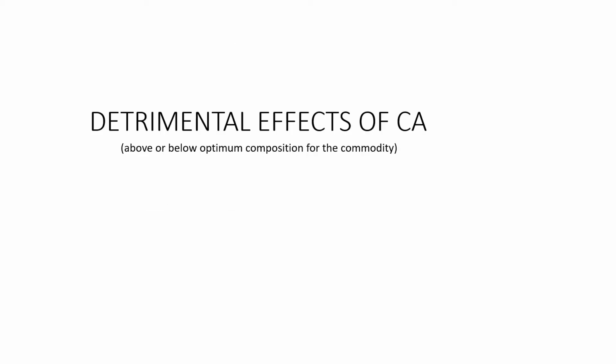So talking about the detrimental effects of CA. Definitely if this is a good method, it must be having certain drawbacks, so that scientists get a chance to improve on certain methods that we have here. Moving on with the detrimental effects of CA, and also its above or below optimal composition of the commodity.